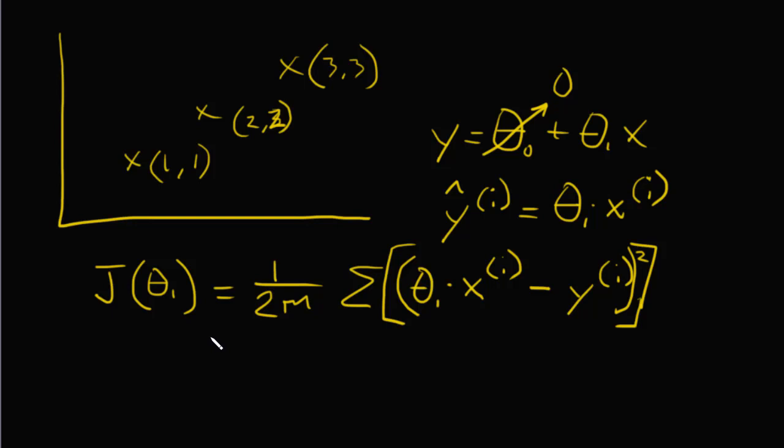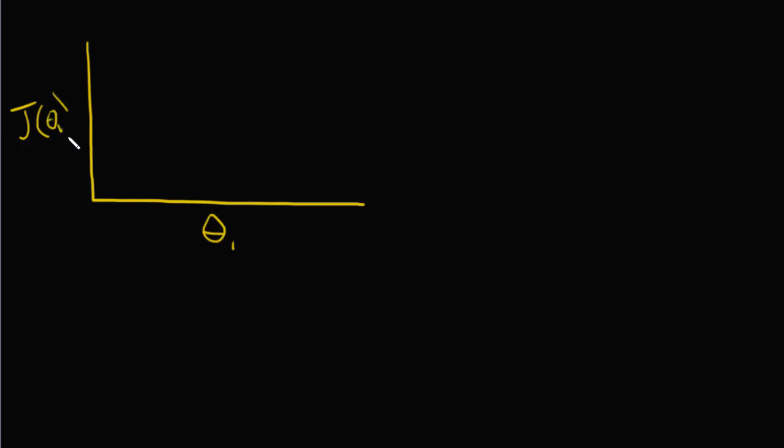I'm going to clear the screen again. We are going to graph. This is going to be very odd initially. I'm going to have theta 1 on the x-axis and j of theta 1 on the y-axis. Okay?